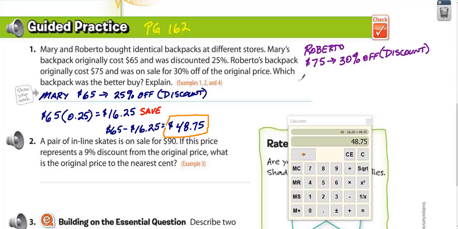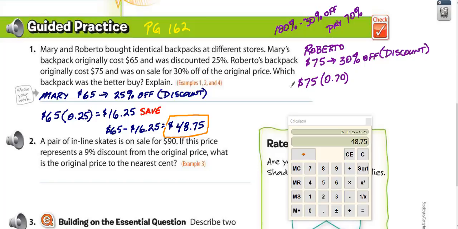We're going to solve Roberto's the other method. We're going to multiply by 0.70, by 70%. The place we got that 70% was if the full price is 100% and you take 30% off, that means that you pay 70%. So that's where we get this 0.7.